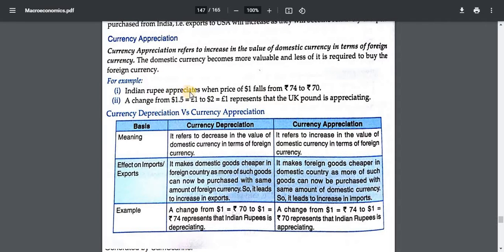Indian rupee appreciates when price of $1 falls from rupees 74 to rupees 70. 2. A change from $1.5 equals pound 1 to $2 equals pound 1 represents that the UK pound is appreciating.